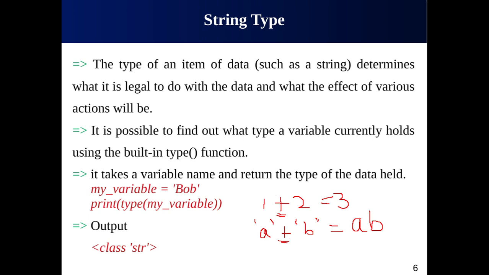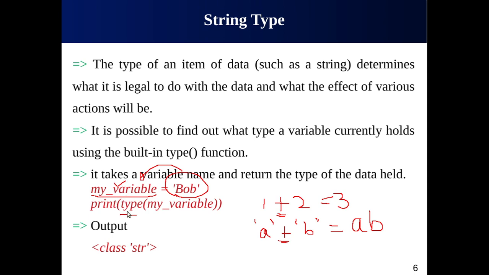And what is the type of a string? It is possible to find out what type a variable currently holds using a built-in function known as type. For example, you have a variable with the name my_variable, and you assign some string type data to this variable. And you are interested to find what type of data this variable actually holds.